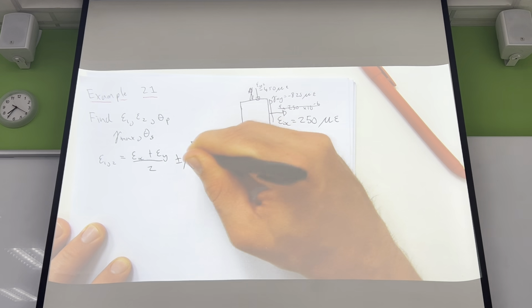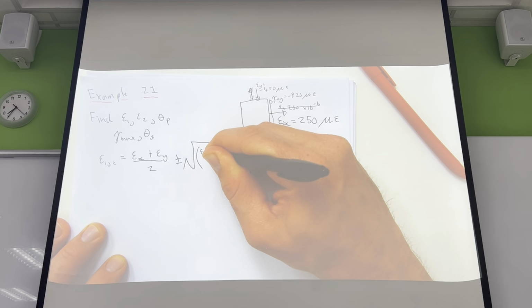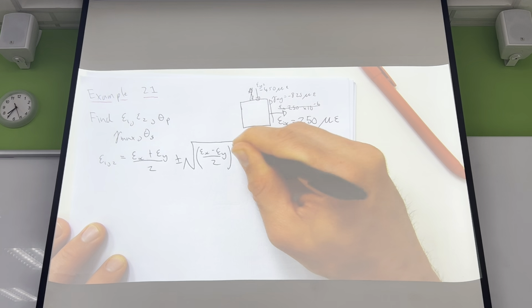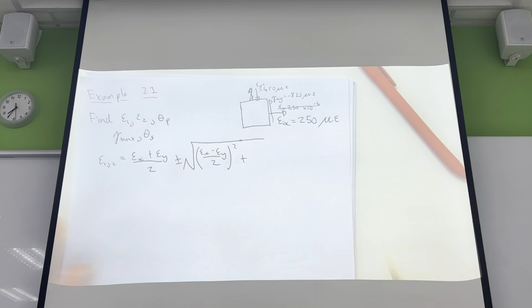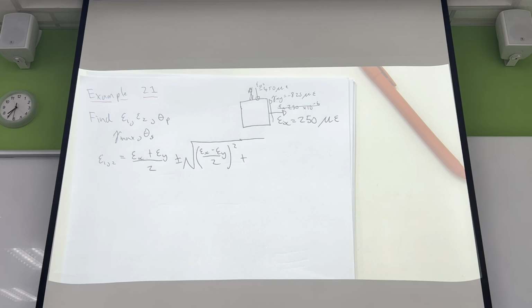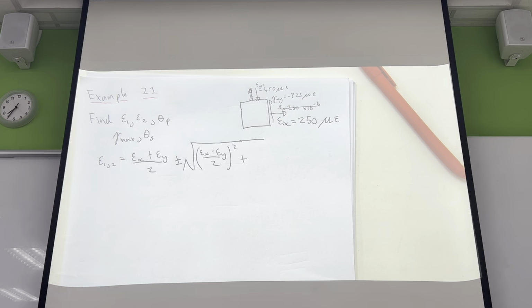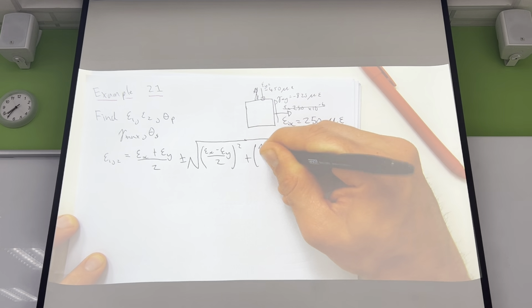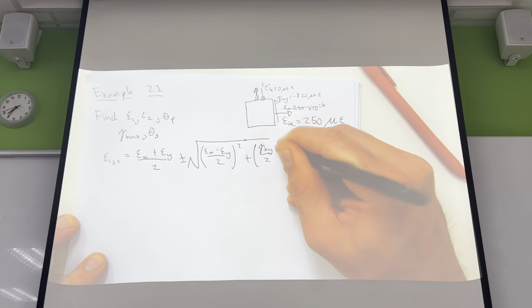So we have half the difference, strain X minus strain Y divided by 2, squared. And previously we had tau xy, but now instead of tau xy we replace that with gamma xy divided by 2. It just has that divided by 2 term. So we have gamma xy divided by 2, squared.